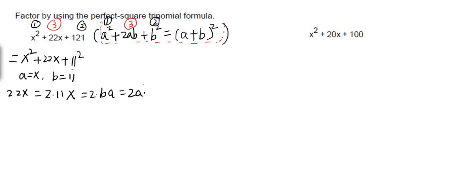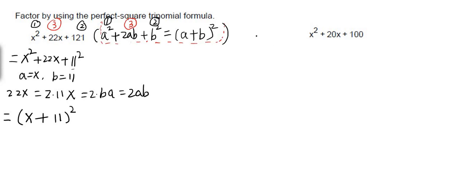That is 2ab. It fits this formula: the third term can be written down as 2ab, and the first term and the second term can be written down as a square and b square. So that means this polynomial can be written down as a perfect square trinomial, equals a plus b square. So we have x plus 11 square.